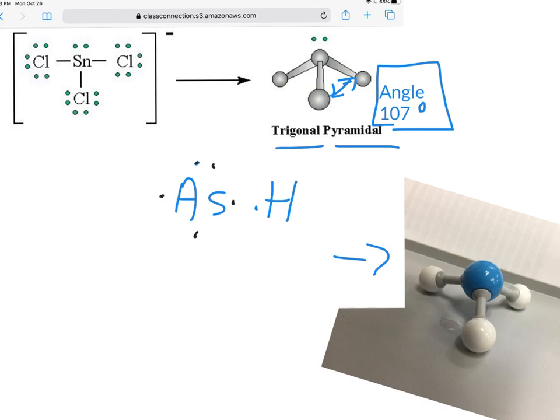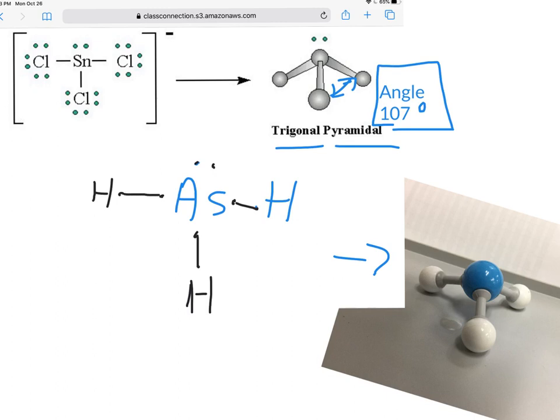So here, this is a covalent bond, and these are going to share. So in every bond, you have 2 electrons. So here, you need another hydrogen, so it can share with AS, and you need another hydrogen.